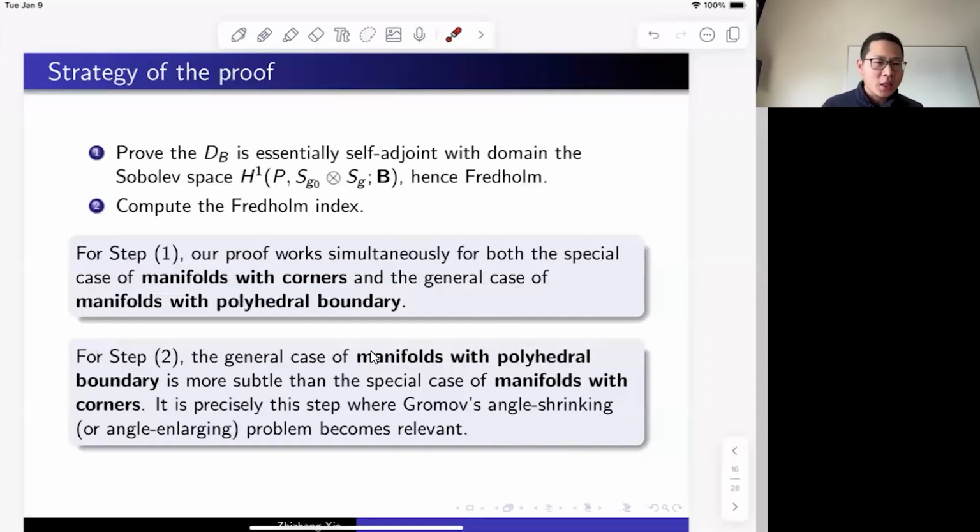What we really need for the index theorem to work is a stable algebraic version. So now, let me explain what this algebraic version is, and why it is sufficient to just use an algebraic version of this angle enlarging problem.